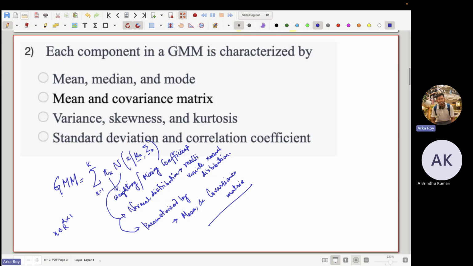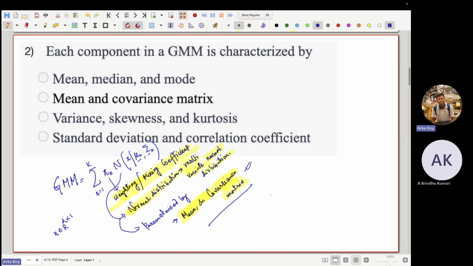So in general, your GMM basically comprises the weighting factors or the mixing coefficients and the normal distribution, and the normal distribution itself is characterized by its parameters. As I am considering that this is a multivariate distribution, your distribution comprises mean and covariance matrix.